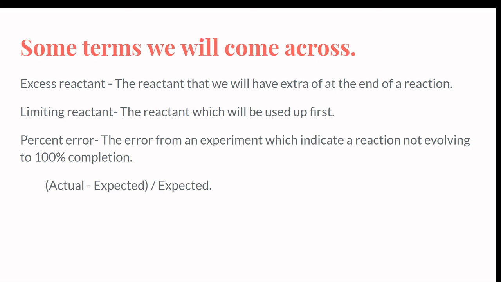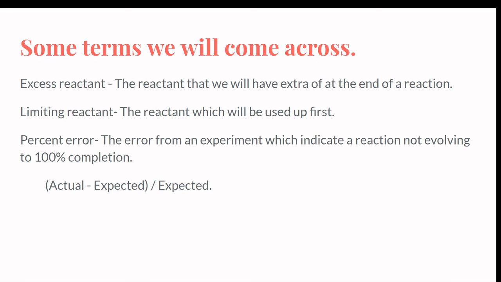And then the last one is going to be percent error. And percent error, we'll have an entire lesson on calculating it. But this is saying like, here's how much we actually made versus how much we expected to make. And it's a measurement that, especially when we do more and more labs, we're always going to be using, so I want you guys to see it now.